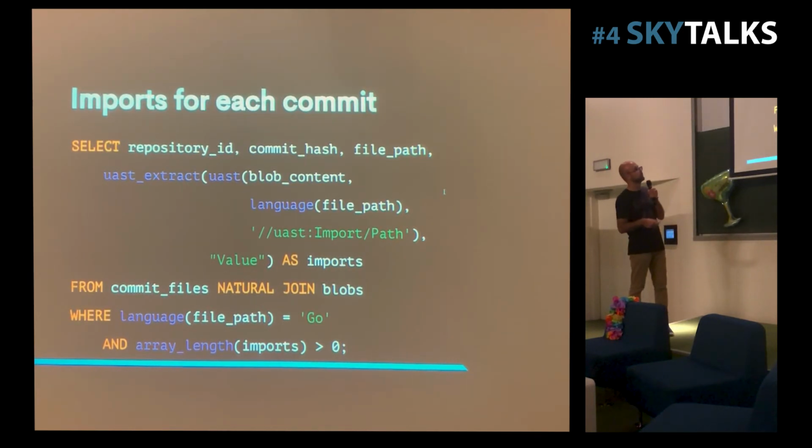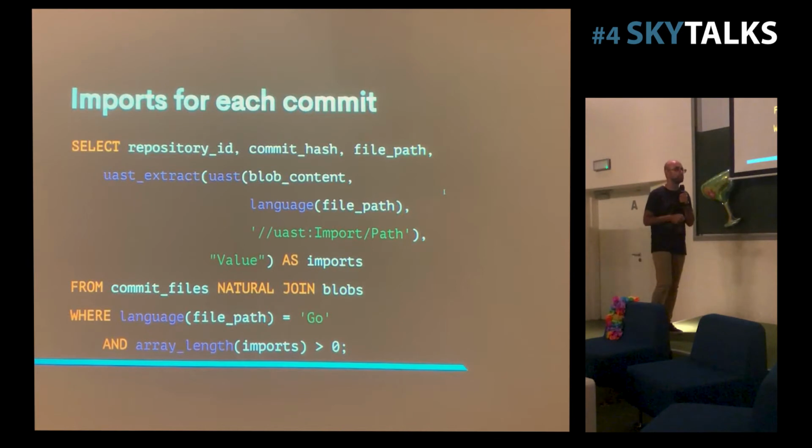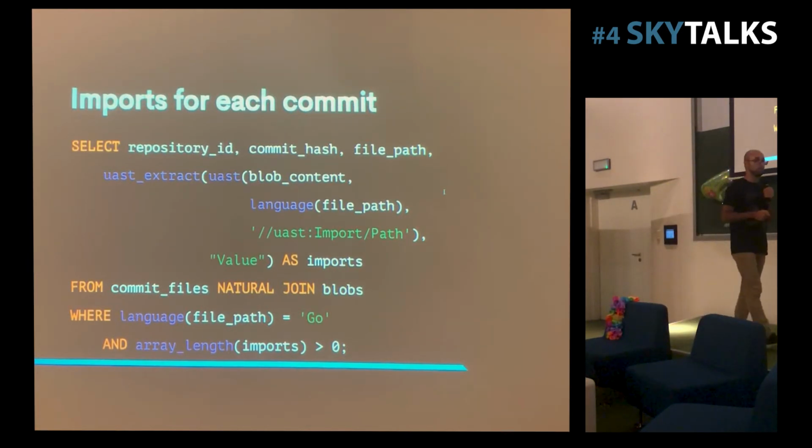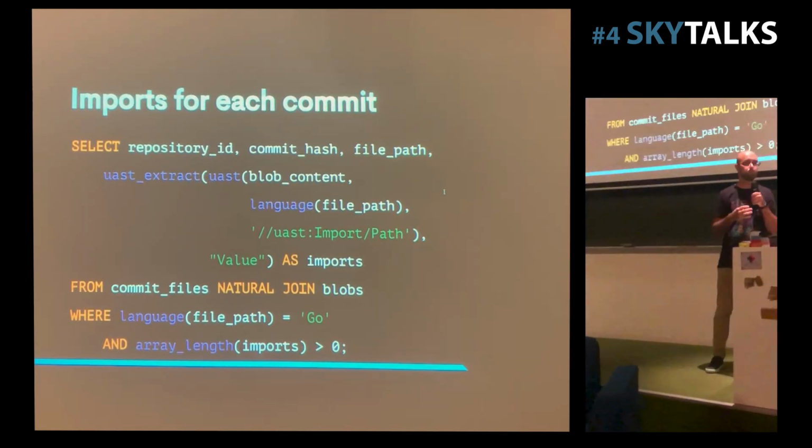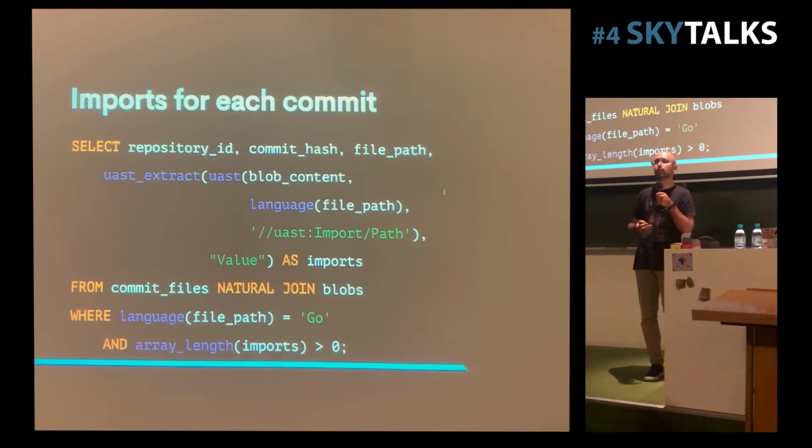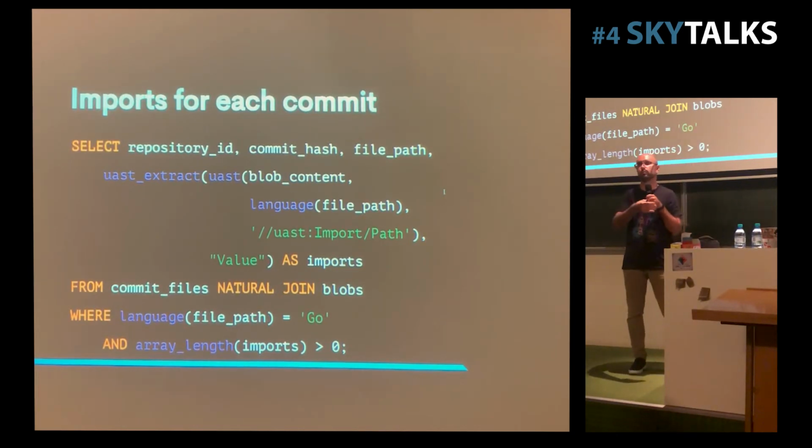Just in this case in Go, sorry, it doesn't really matter. We also have packages. We just extract all the imports and we can do something useful with them. This is just one example. You can extract pretty much any entity from an AST and do something with that. You can mine any way you want.